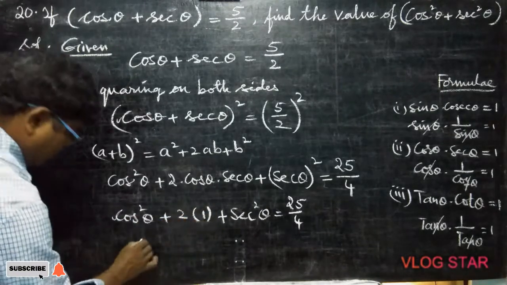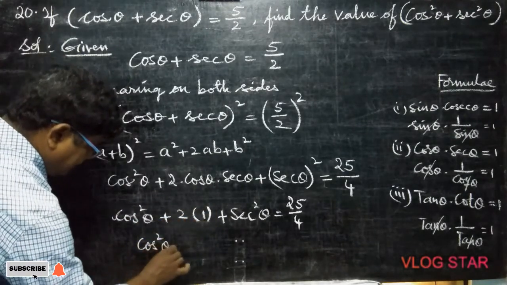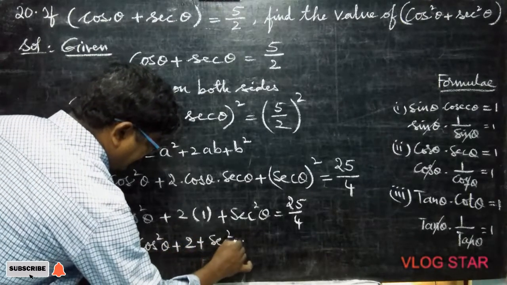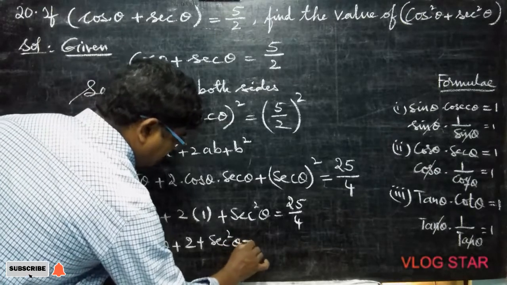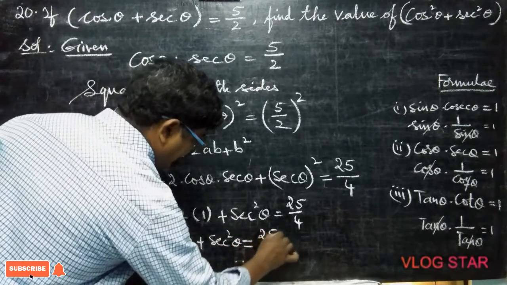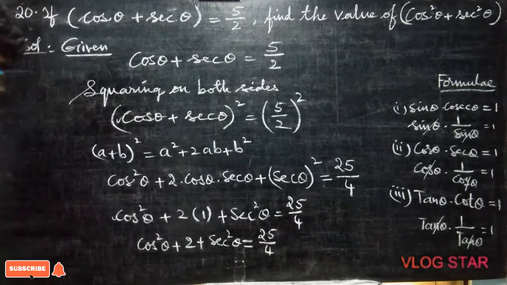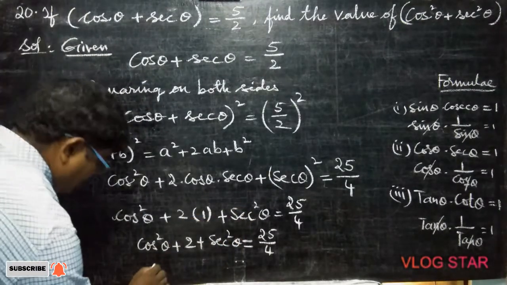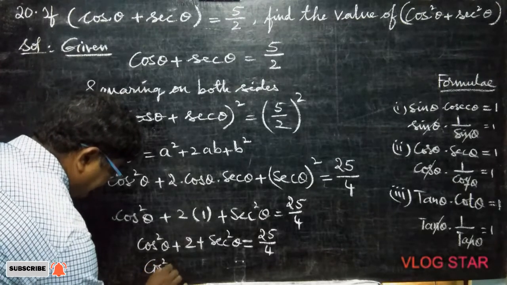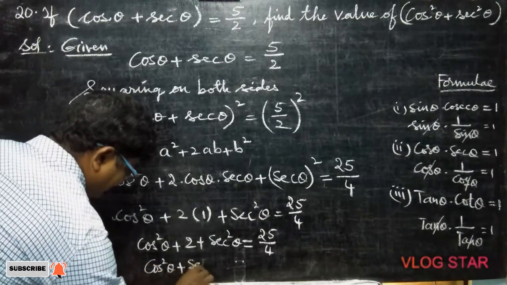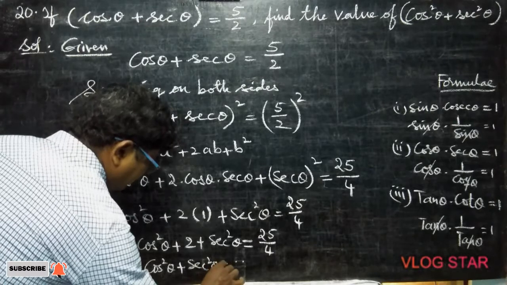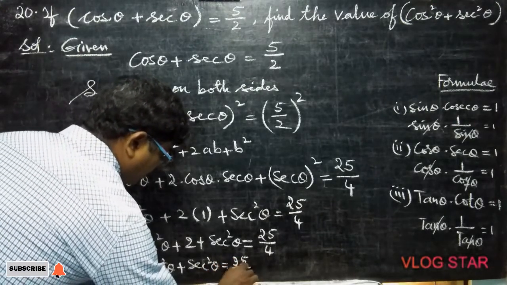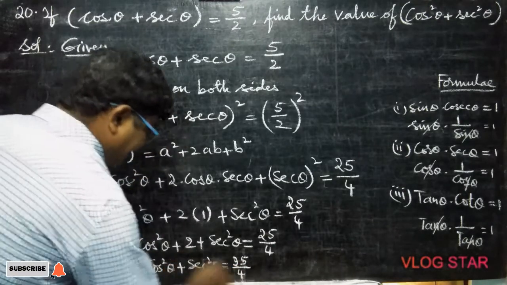So now cos square theta plus 2 plus secant square theta is equal to 25 by 4. Now take this plus 2 from left to right, it becomes minus 2. So cos square theta plus secant square theta is equal to 25 by 4 minus 2.